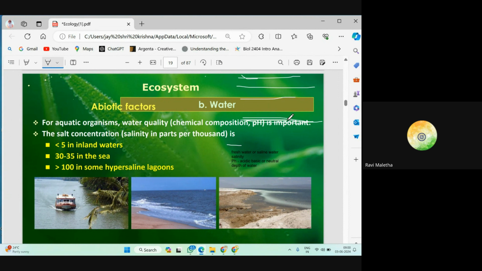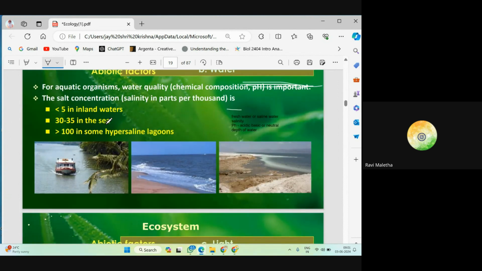These animals present on the bottommost part of the sea, or the soil at the bottom of the sea, are known as benthic animals. Benthic. So this is all you need to know about the water part.